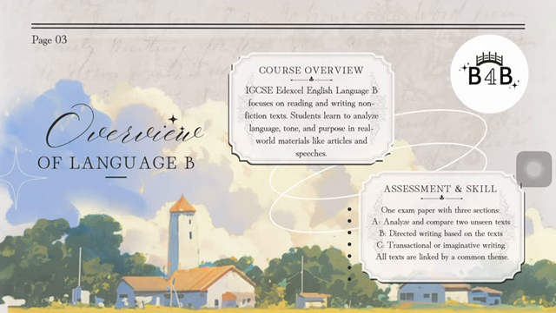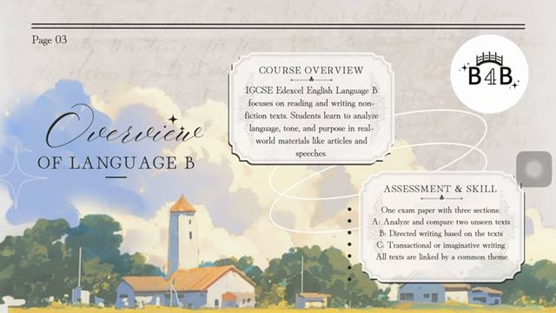So, what are the assessments and skills? English Language B is just one paper, three hours long. We have three sections: Section A, Section B, Section C. So three hours, three sections. Section A is about analyzing and comparing texts, which tests your reading skills. Section B is writing based on the text, mostly letters or speeches.